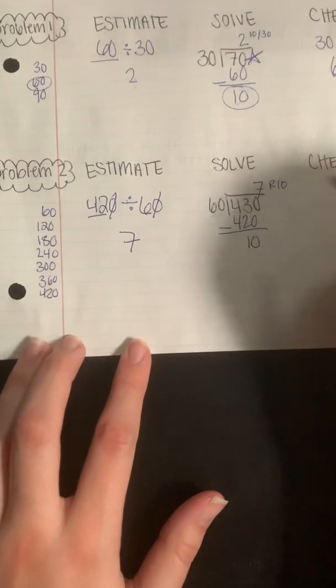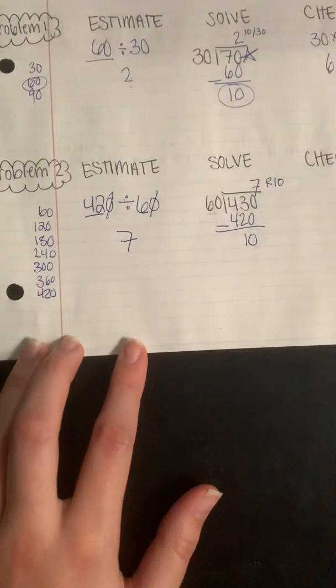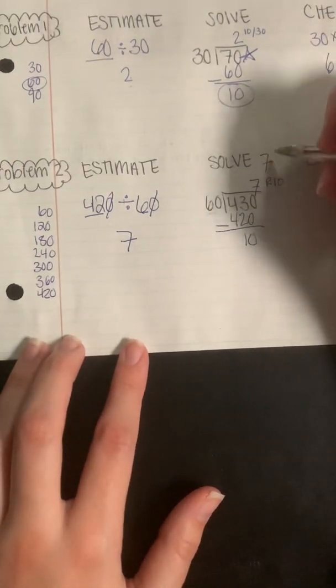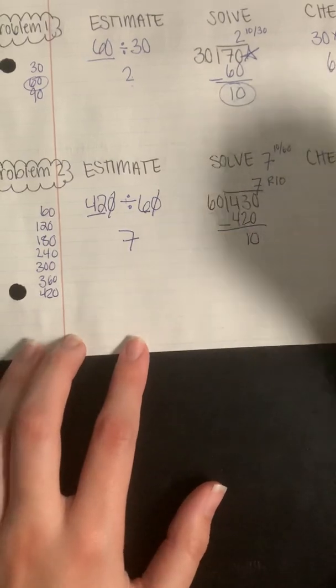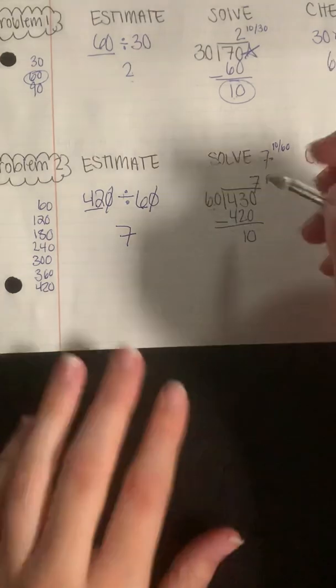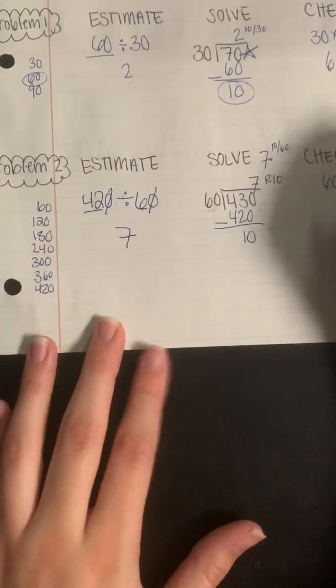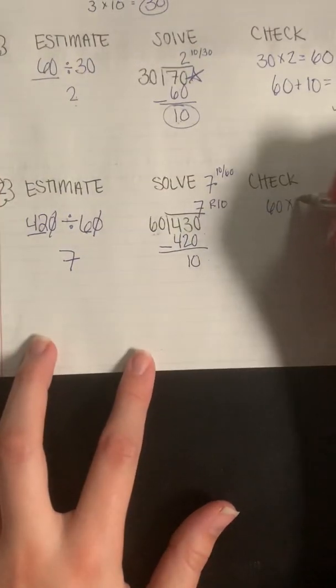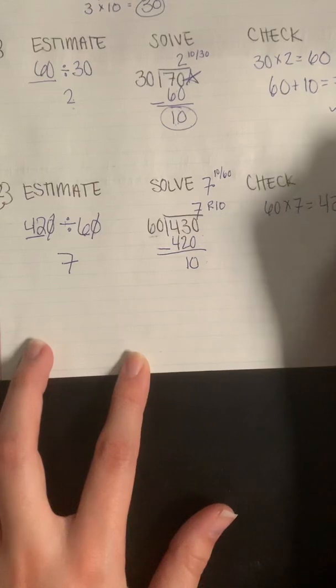As you get older, your answer would have to be written as a fraction. So we could say 7 and 10 over 60, or 10 over 6. I'm sorry, 1 over 6. And so now we have to check to see if we're right. So we did 60 times 7 equals 420.